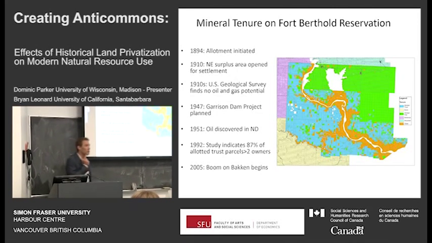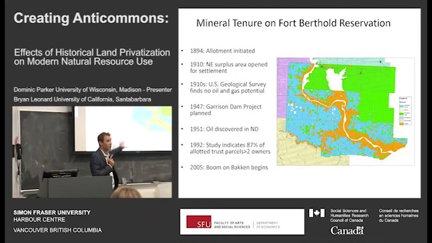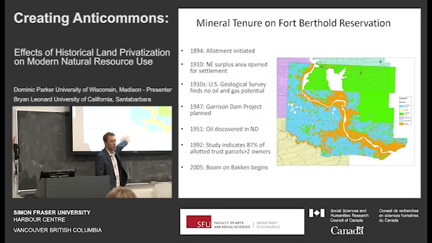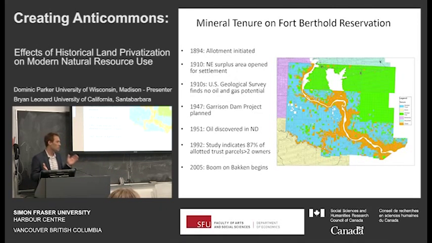In the 1910s, the U.S. Geological Survey surveyed this reservation looking for oil and gas potential, and found none. Okay, so you get allotment that's happening, land being deemed surplus before there's any indication that there's oil and gas under the reservation.